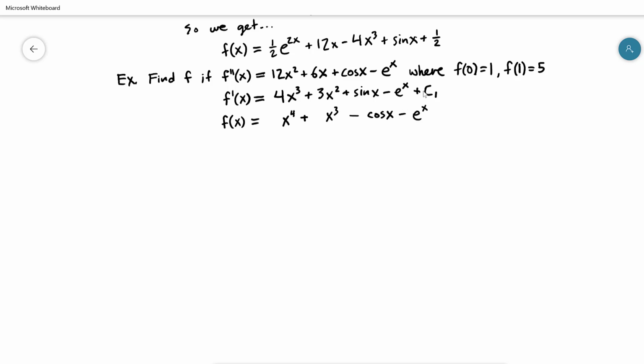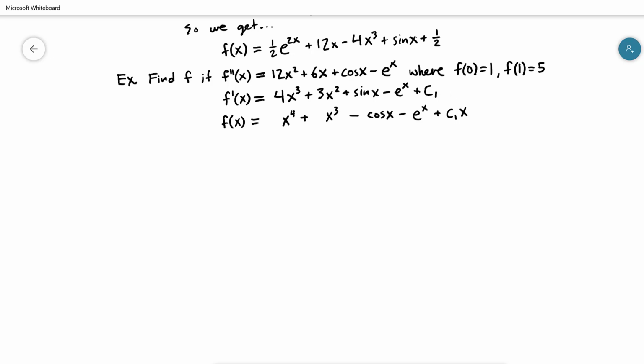One other thing to keep in mind is as we took the antiderivative, this was a constant. We haven't figured out that constant yet because we don't have f yet. We'll find it in a minute. But when I take the antiderivative of a constant, I can't ignore that piece. This is c1 times x. When I take the derivative of c1 times x, I will just get the constant c1.